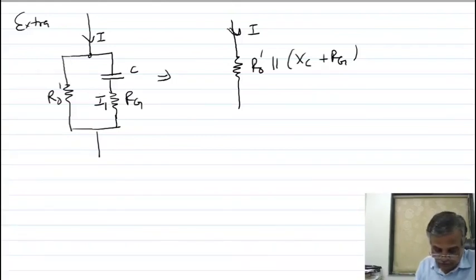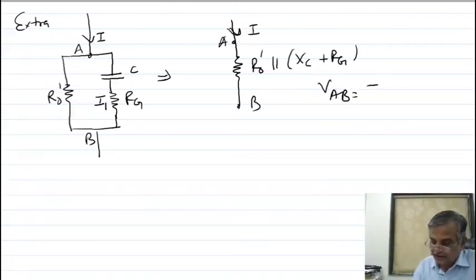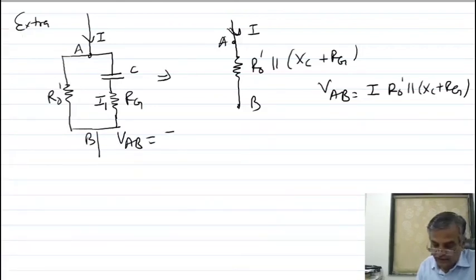So voltage drop across AB, this is A and this is B. So VAB you can write current into RO dash parallel XC plus RG. So here voltage drop across VAB, I can also write I1 into RG plus XCC.